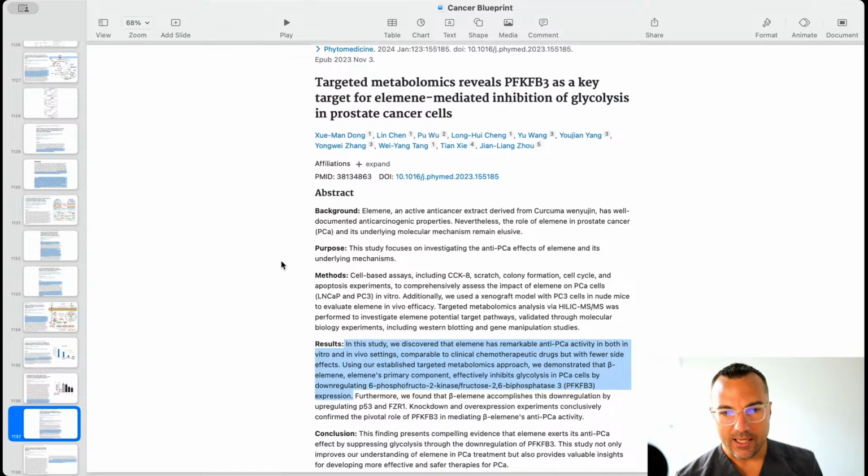It says here that in this study, we discovered that L-amine has remarkable anti-prostate cancer activity in both in vitro and in vivo settings, comparable to clinical chemotherapeutic drugs, but with fewer side effects. Using our established targeted metabolomics approach, we demonstrated that beta-L-amine, L-amine's primary component, effectively inhibits glycolysis in prostate cancer cells by downregulating PFKFB3 expression.